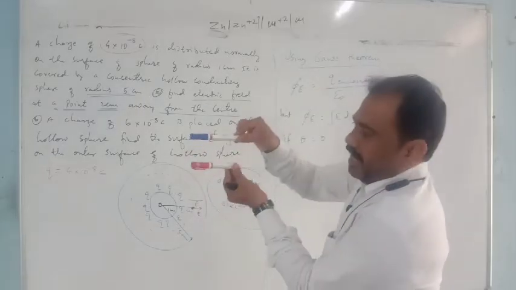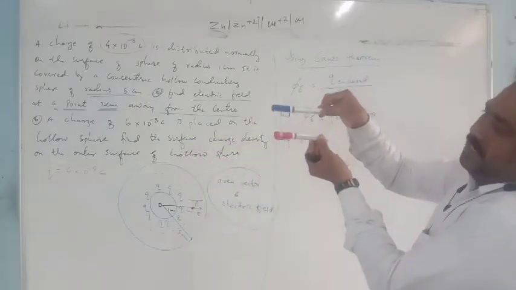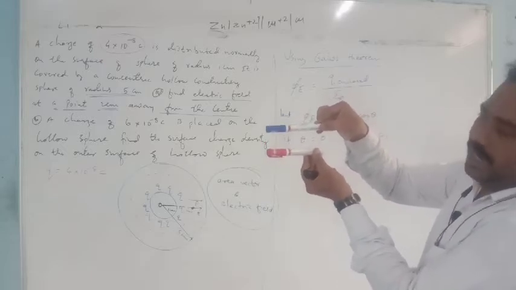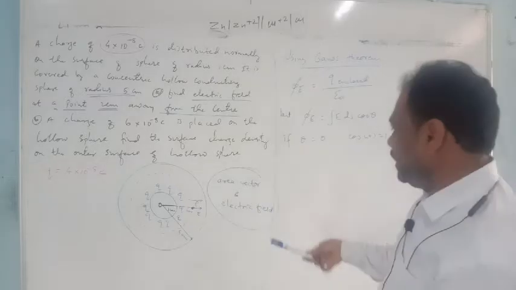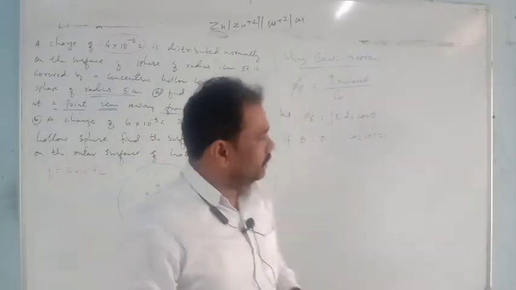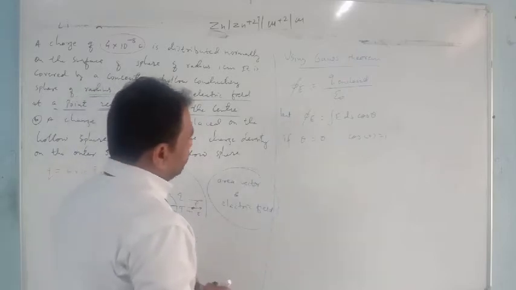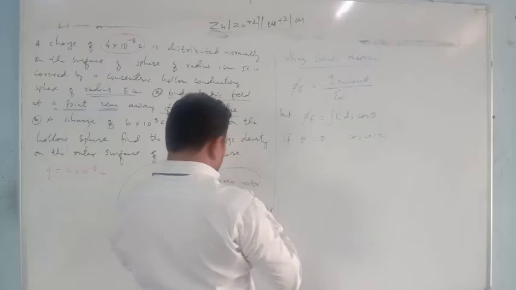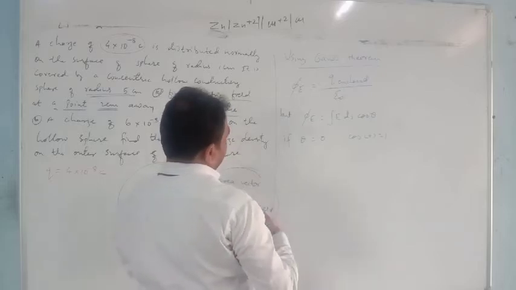If they are in one direction, it means there is no angle inclination, so we can consider here angle is 0. So theta is equal to 0, then cos 0 is equal to 1. So this formula becomes like this.